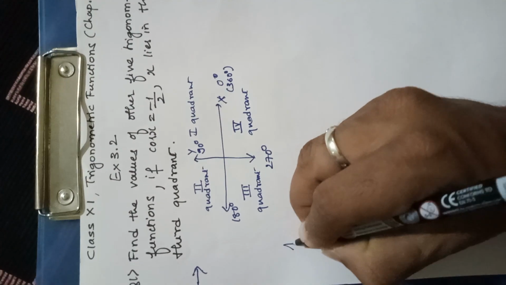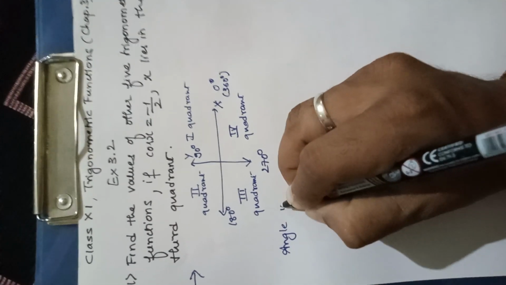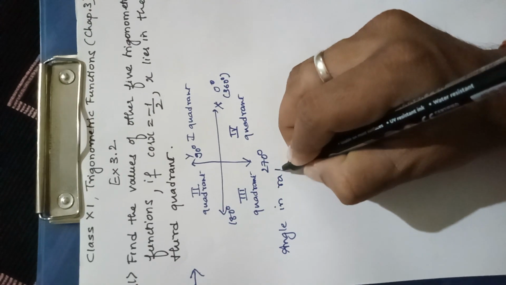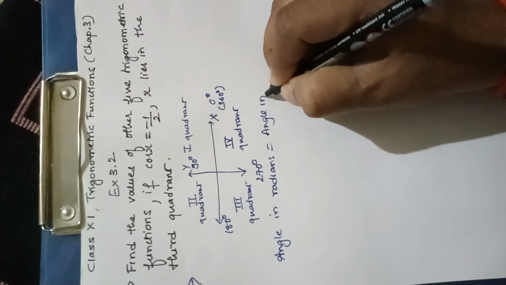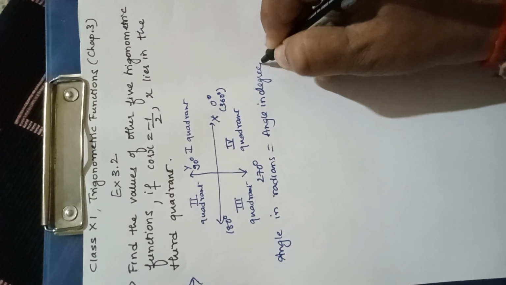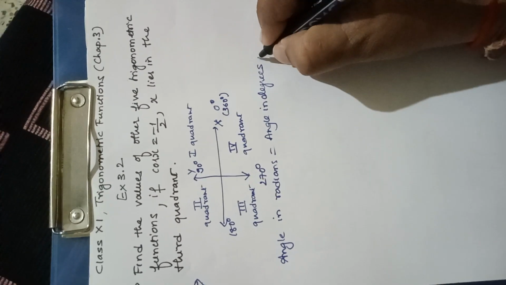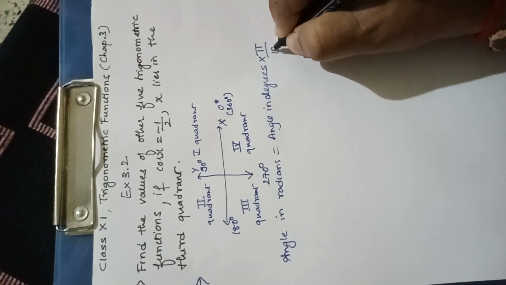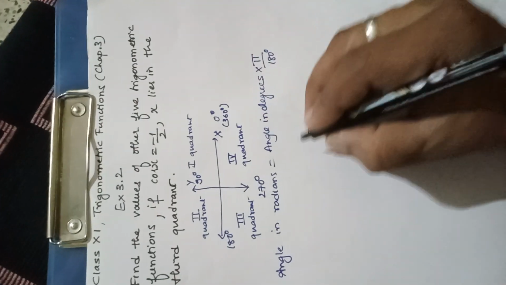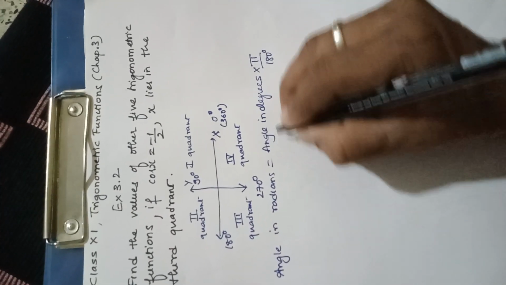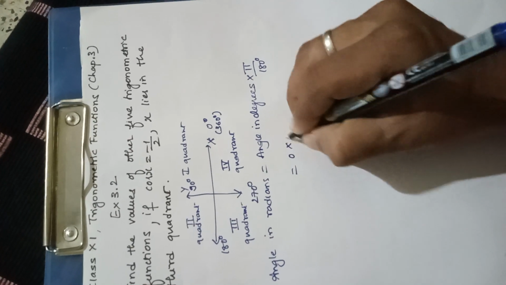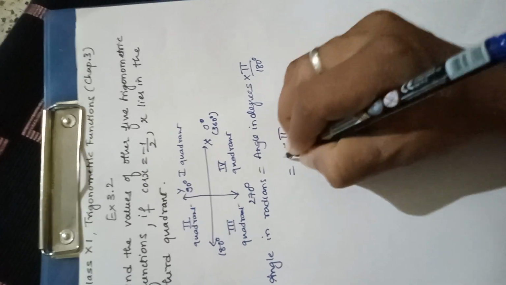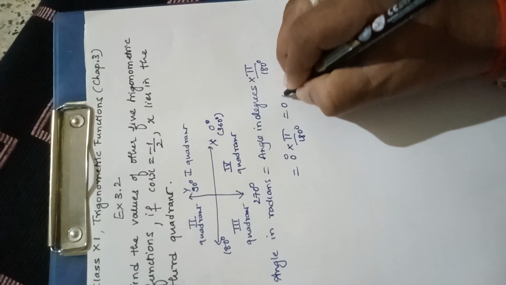Once again, let's recall that angle in radians is equal to angle in degrees into pi by 180 degrees. If the angle is 0 degrees, then 0 into pi by 180 gives 0 itself, so it is 0 radians.